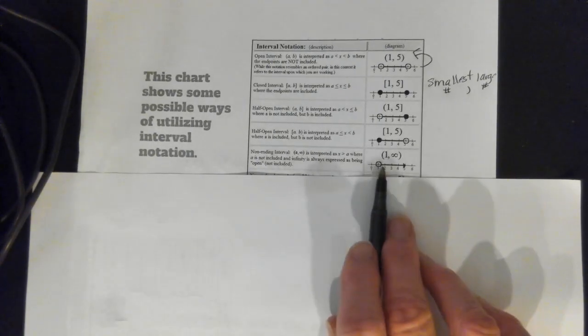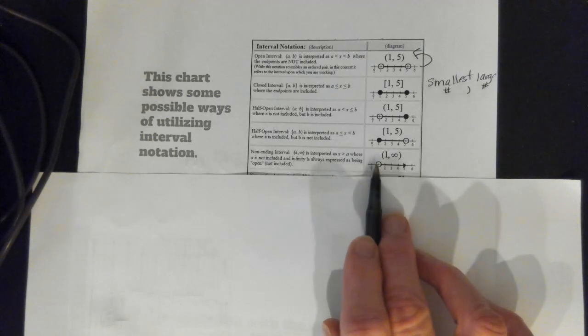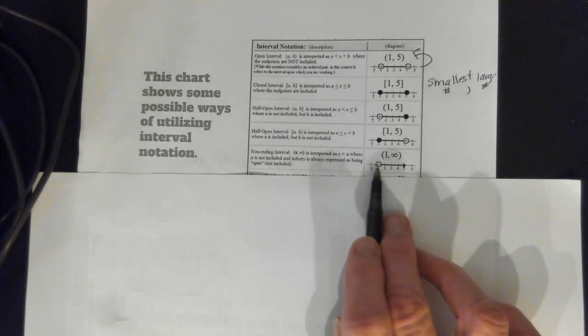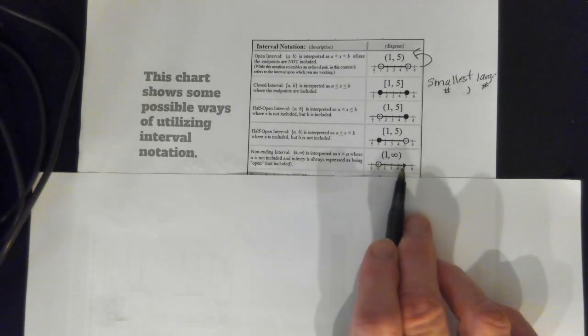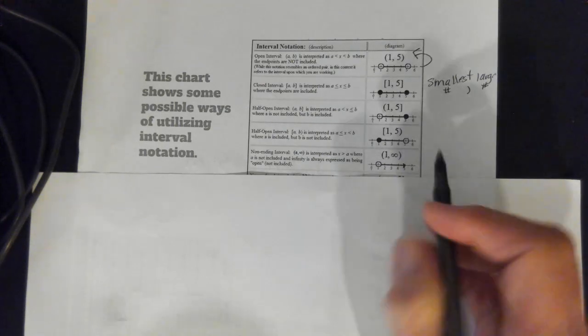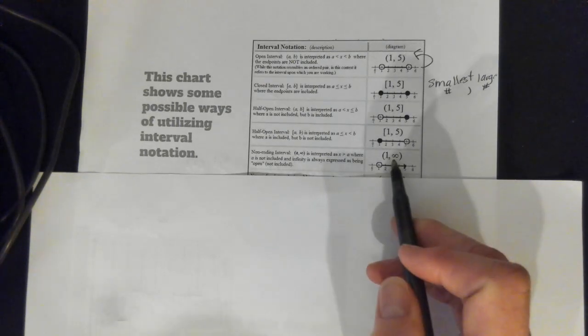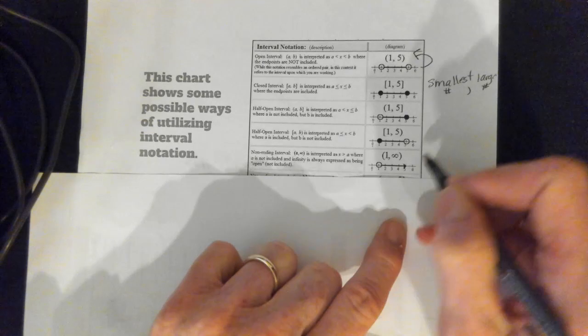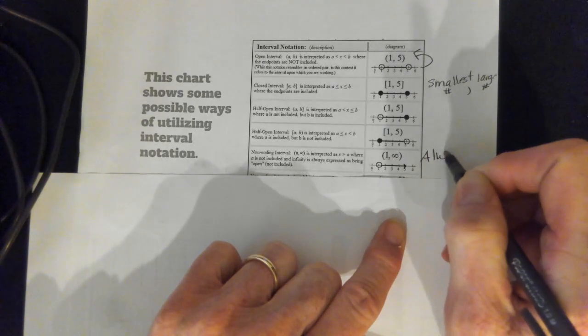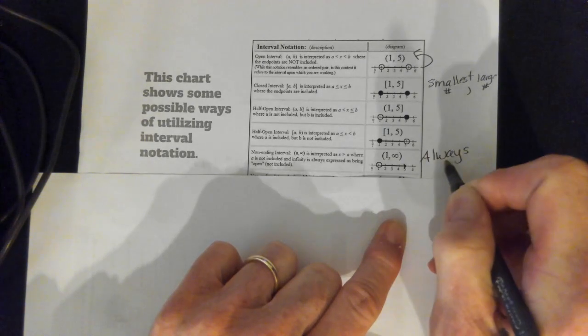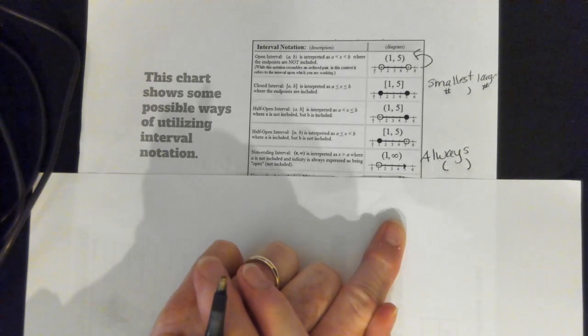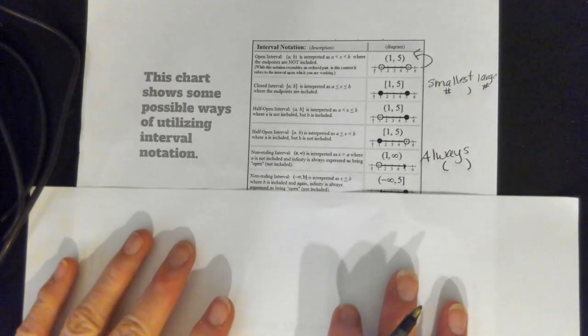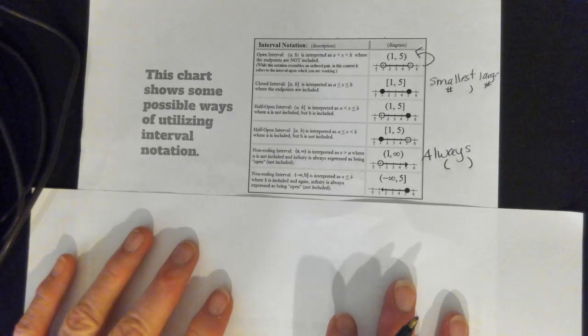Here we introduce arrows. When you have an arrow, again, you start with the smallest number, which is 1, and it has a parentheses because it's open. And it's going to the right. When it goes to the right, it's infinity. And infinity always has a parentheses, whether we're talking about positive infinity or, in our next example, negative infinity.